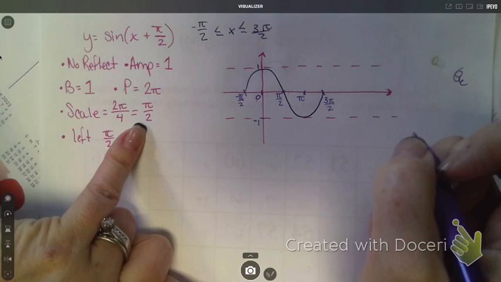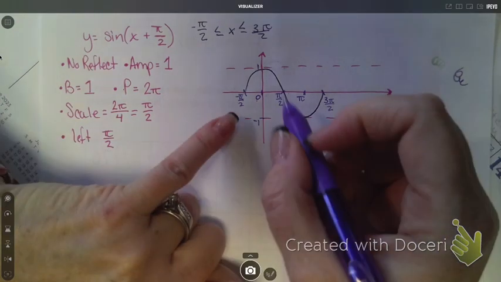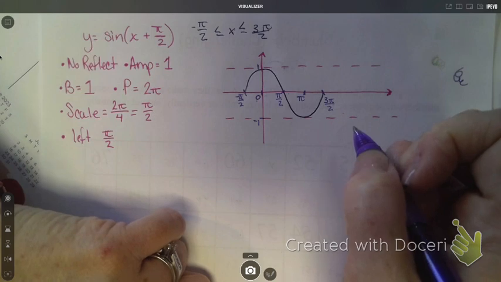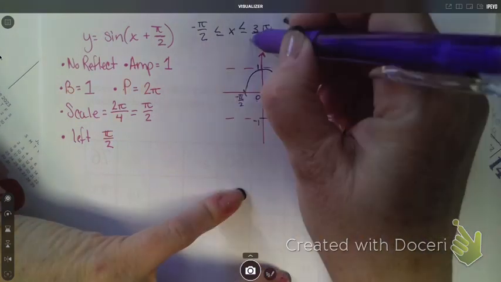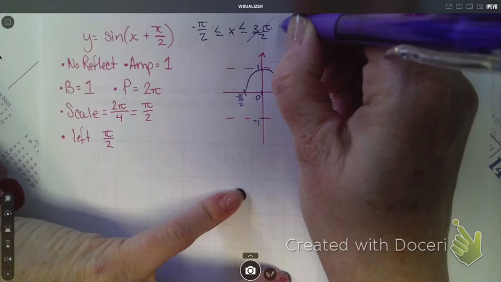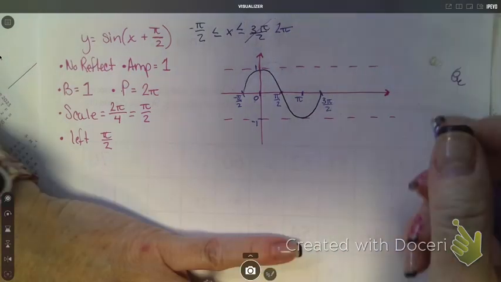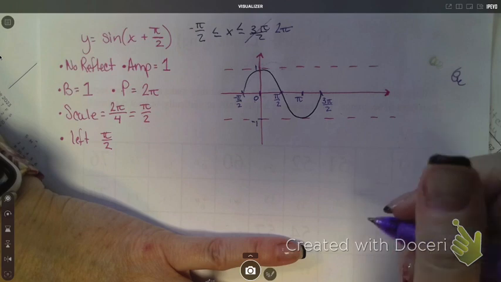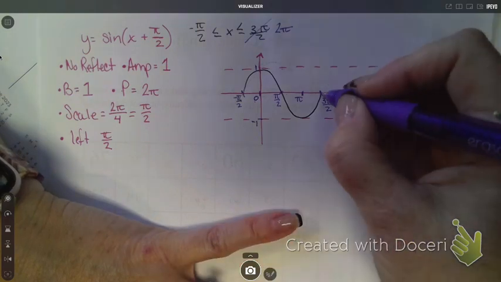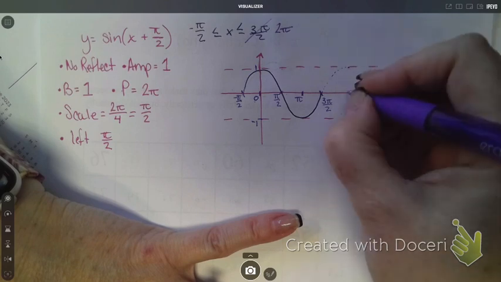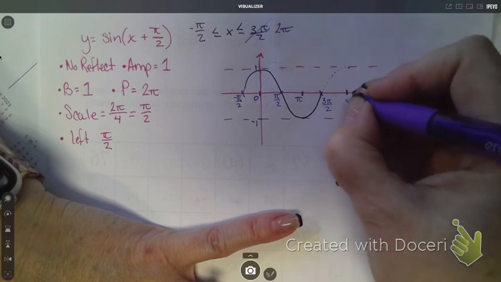Now, do I have to add anything to this curve? No. Nope. What if I told you this? Still no. You have to add one more. I have to go up here, which would be 2 pi.